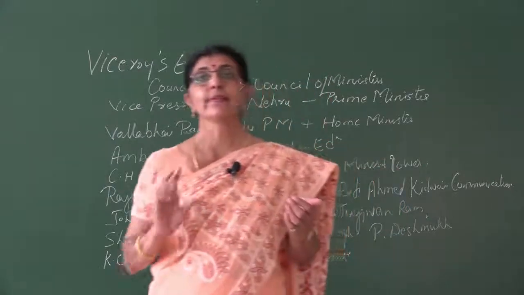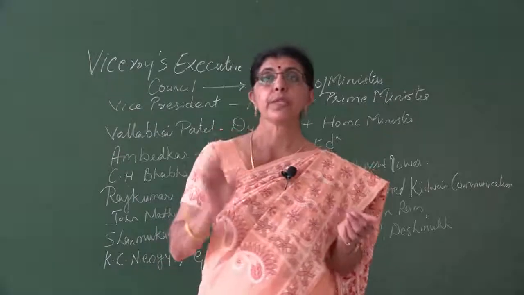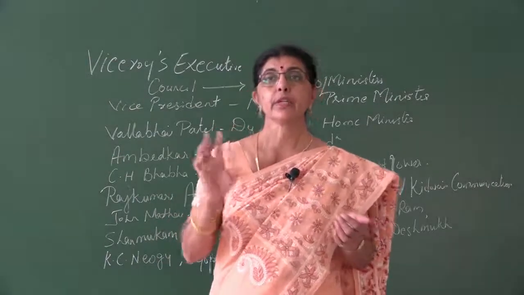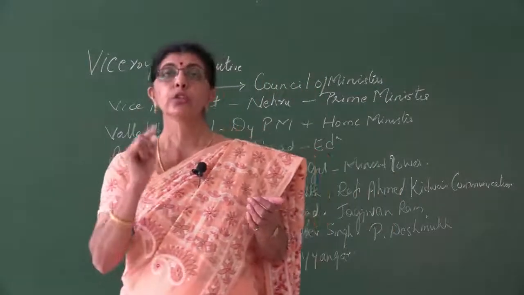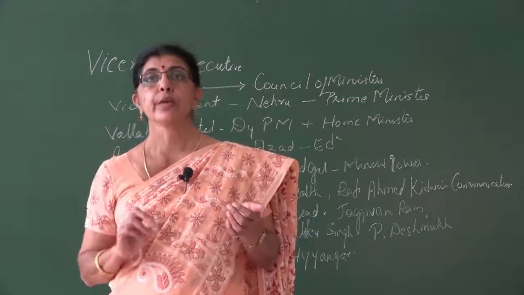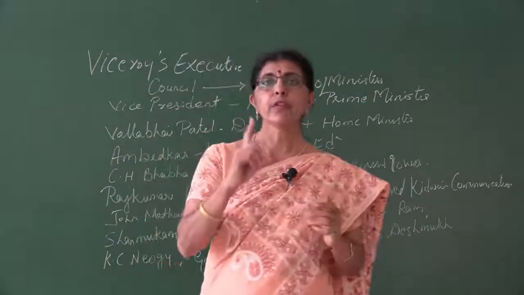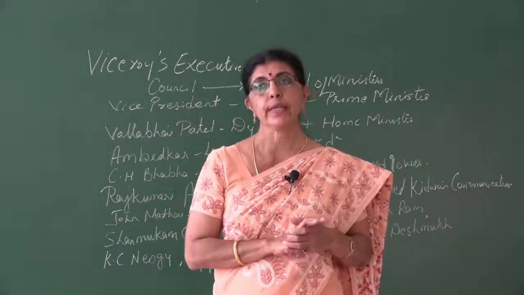On 26th November 1949, the constitution was completed. India accepted the new constitution. On 26th January 1950, the constitution came into effect. Based on these provisions, the first general elections were to be conducted.